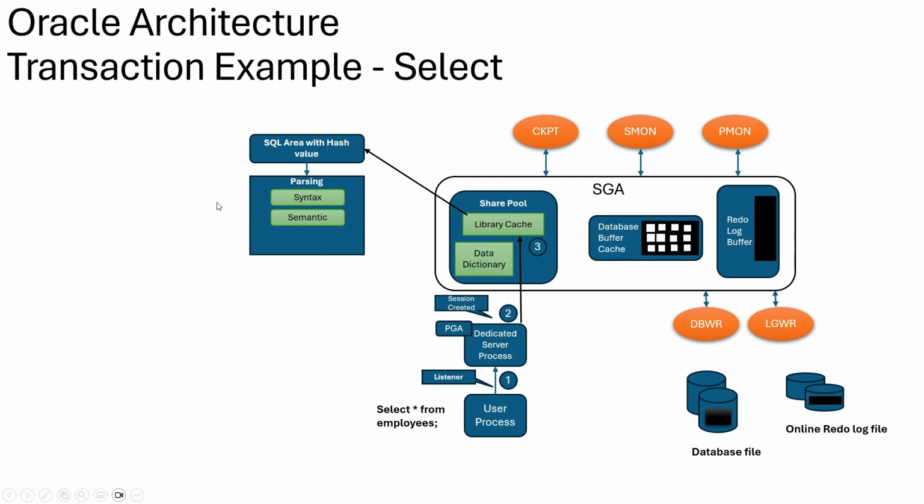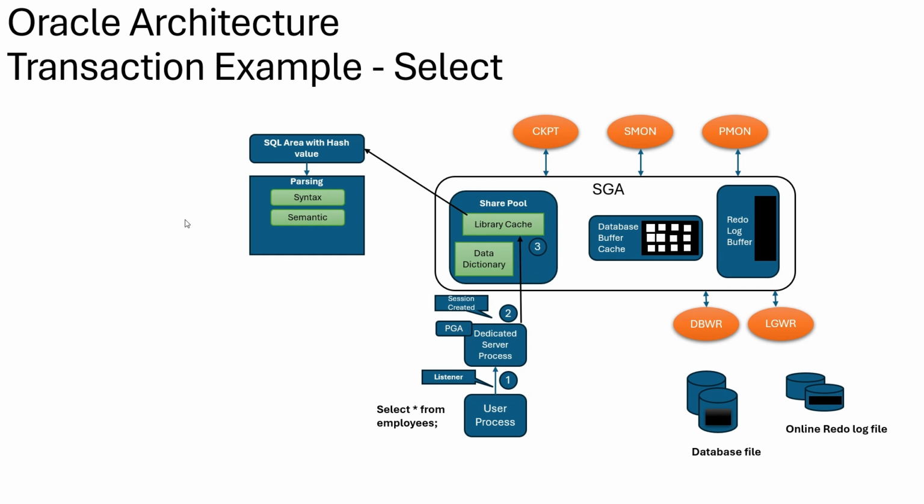How? It again refers to the data dictionary, because we all know the data dictionary has the metadata: all the objects, tables, views, indexes, user roles, and privileges information will be available in the data dictionary. The semantic check will check from the data dictionary whether that specific object is available or not, and whether the user has the privilege to access that particular object.